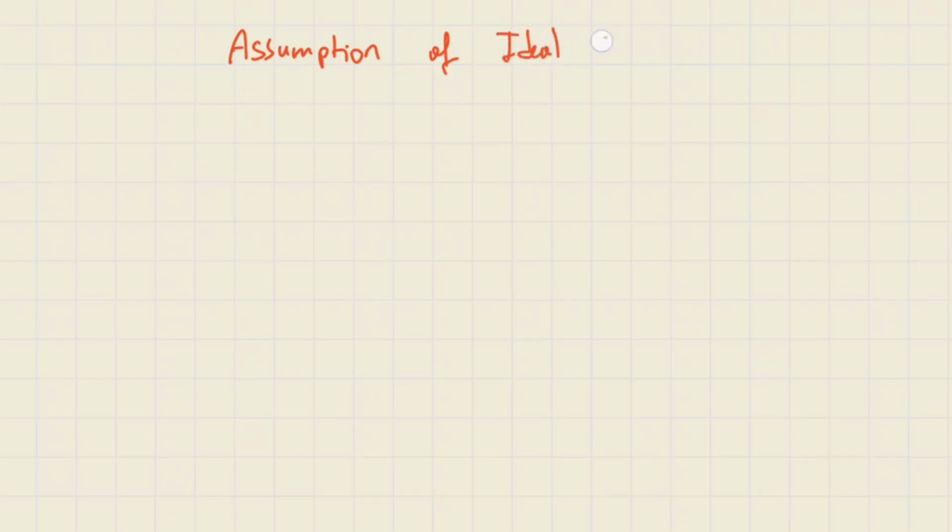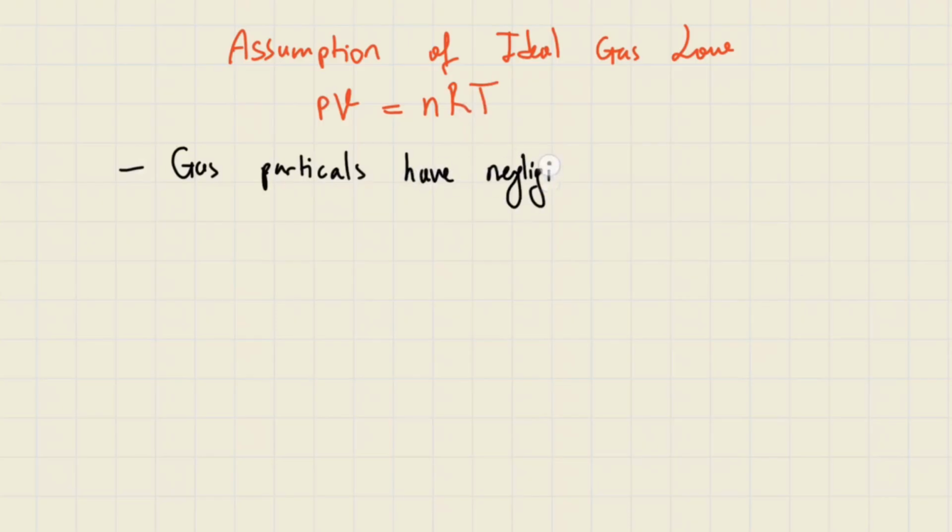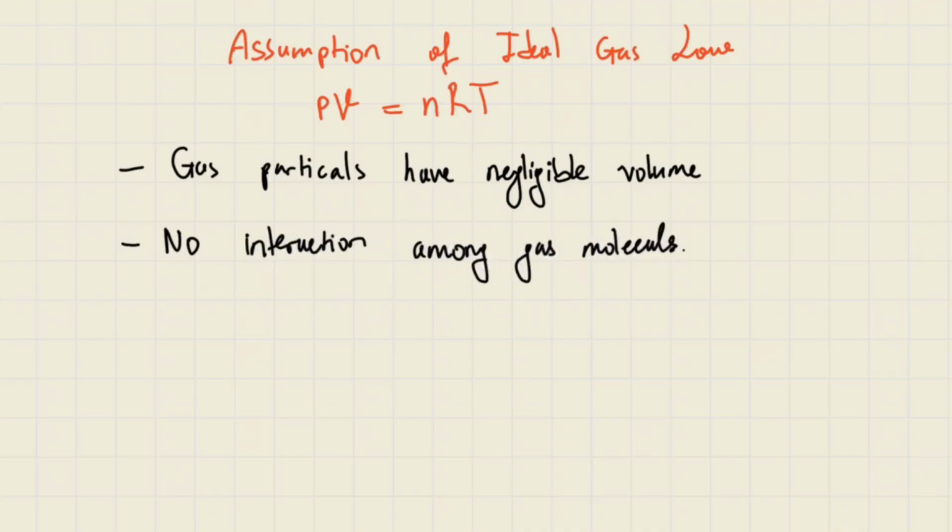And there are assumptions of the ideal gas law, which is PV equals nRT. What we assume is that gas particles have negligible volume. Gas particles have no interaction among each other.